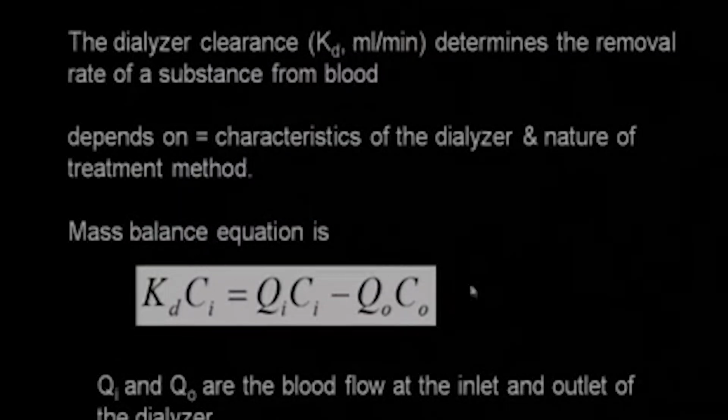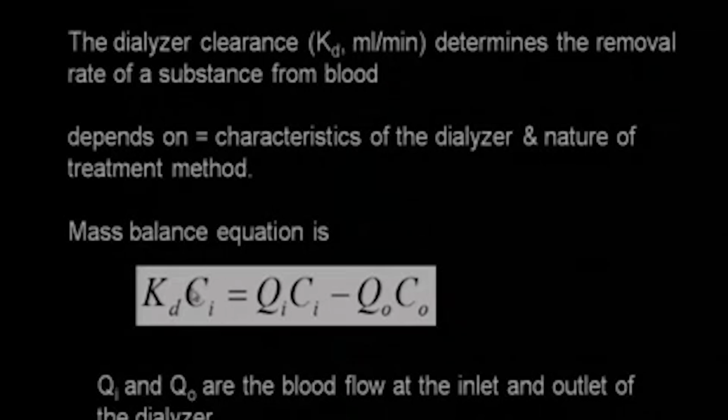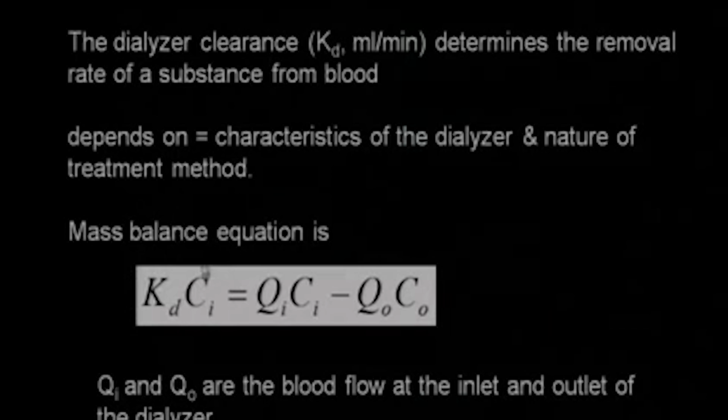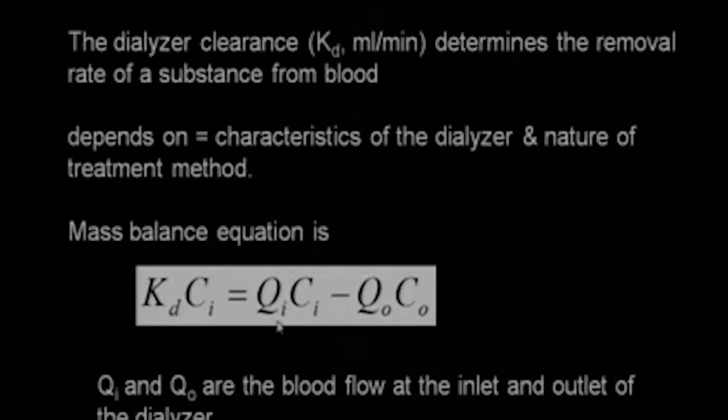So if you look at the mass balance for your particular solute, you have Kd, that is your clearance, times Ci, that is the amount of solute that is removed, equal to Qi into Ci. Qi is the input blood flow at the inlet, Q naught is the outlet blood flow from the dialyser, obvious.